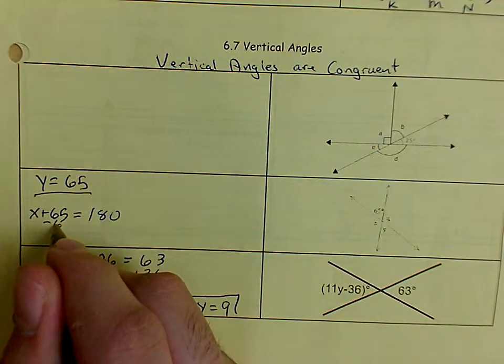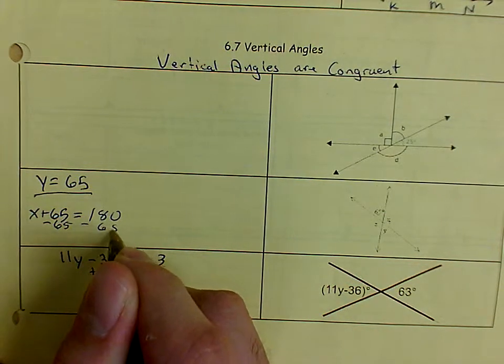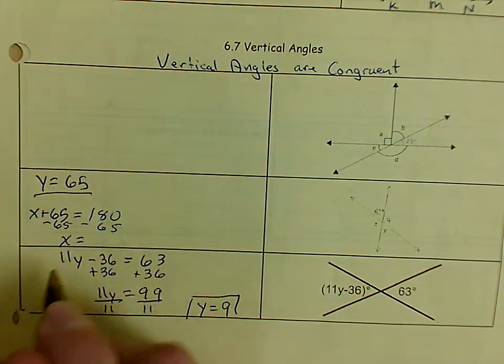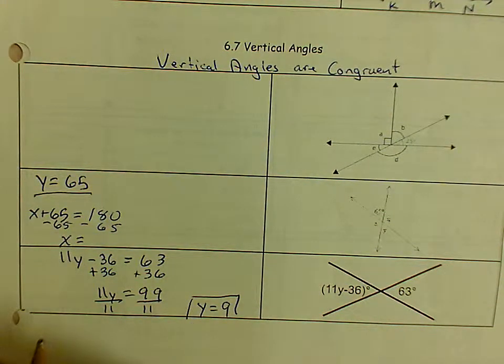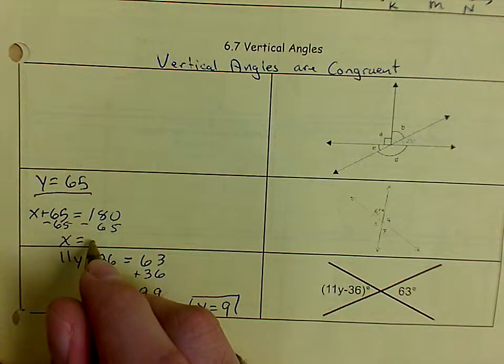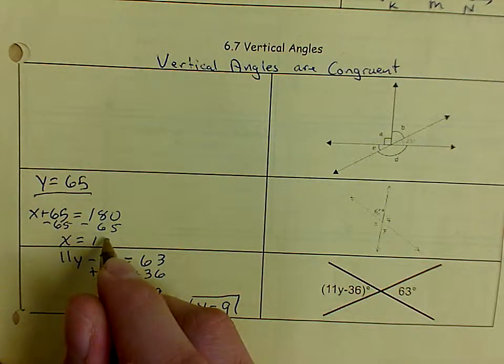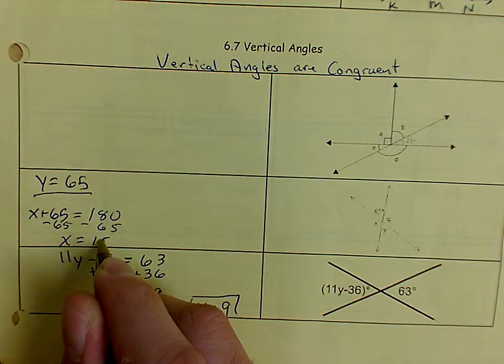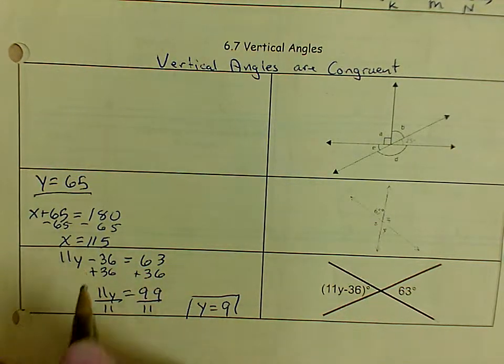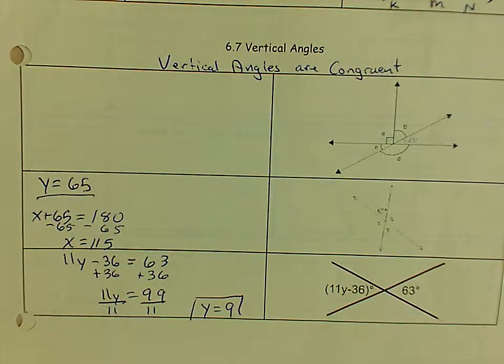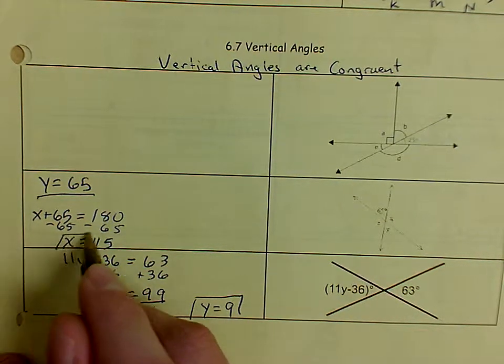I can solve for x. And then I'm going to get x is equal to 100. I'm sorry, not 100. There we go. 115. So x is equal to 115.